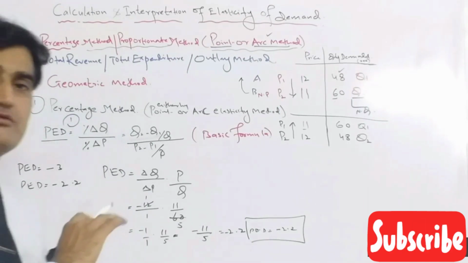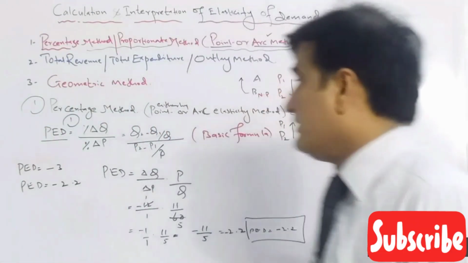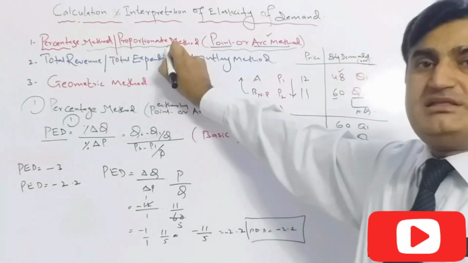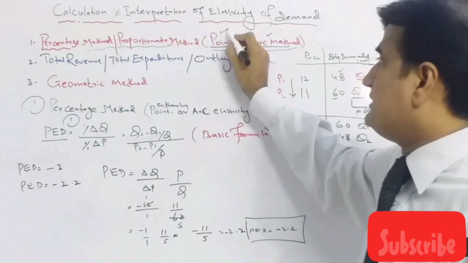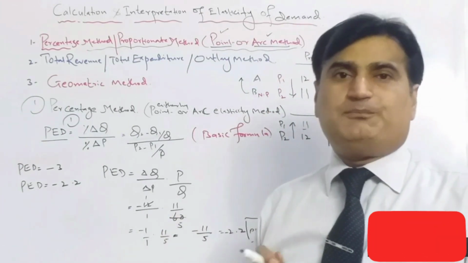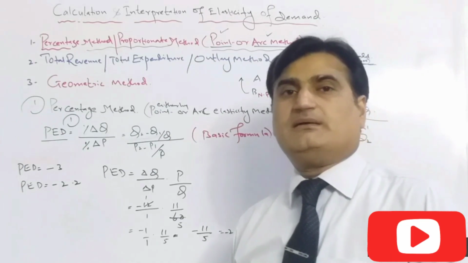So the result has been changed, because this is the drawback of the percentage method or proportionate method using the point method. So the preferred method is the arc method, or midpoint method, or average method.